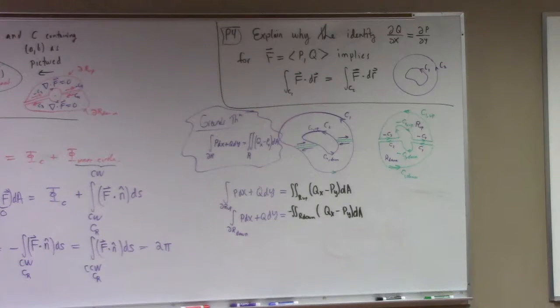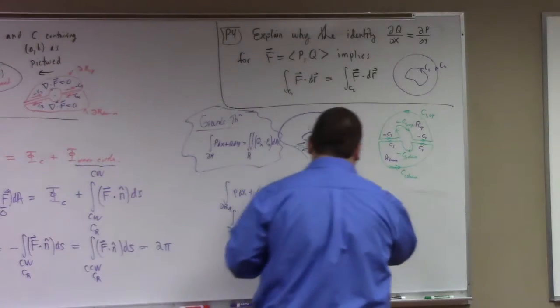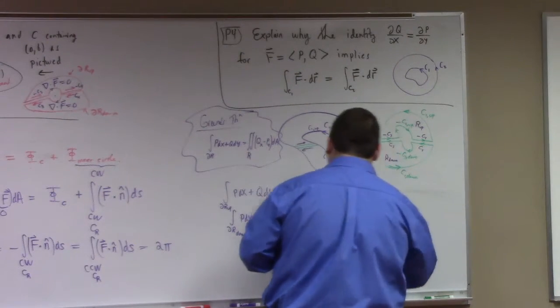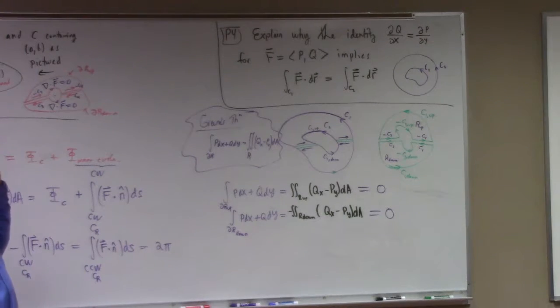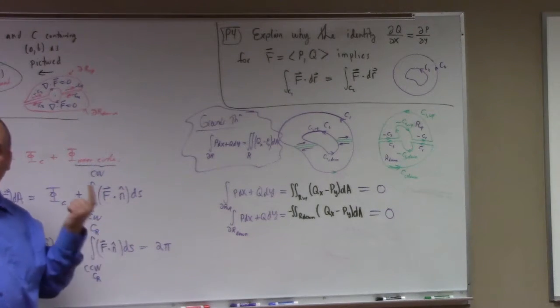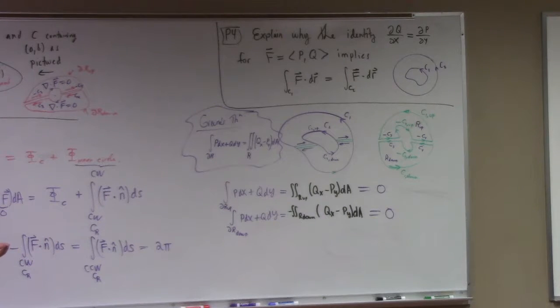Now, I gave you the identity that partial q partial x was equal to partial p partial y, right? Which is to say that those are 0, right? And so what's this give us? This gives us that the integral over the upper region and the integral over the lower region sum to 0.